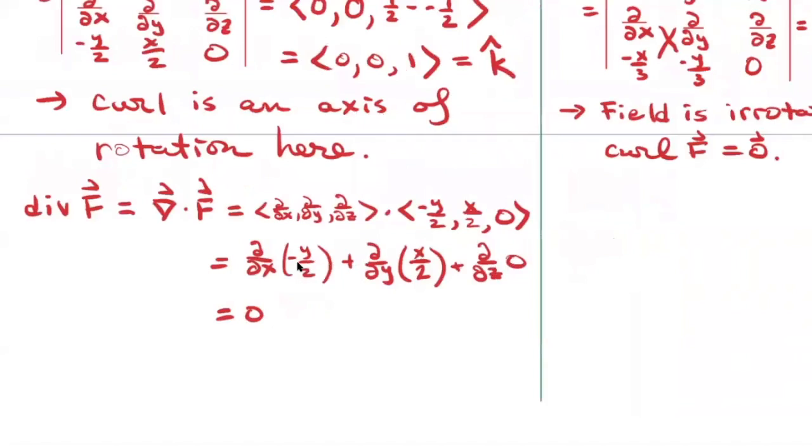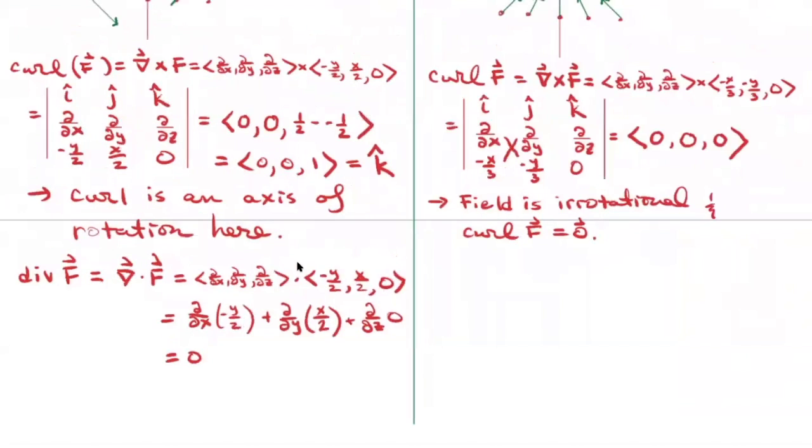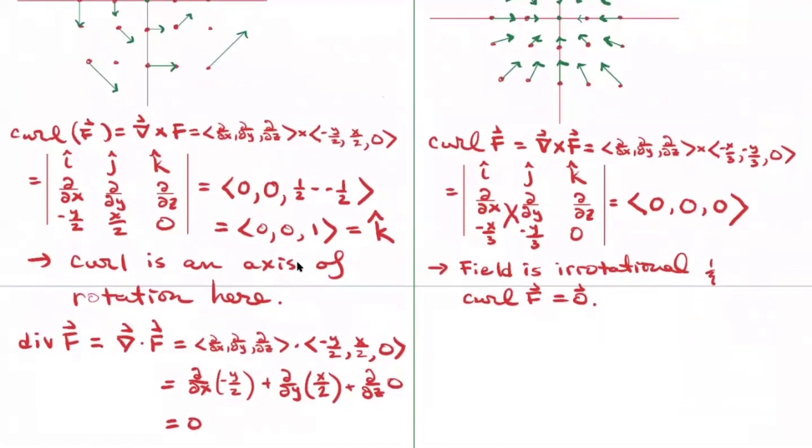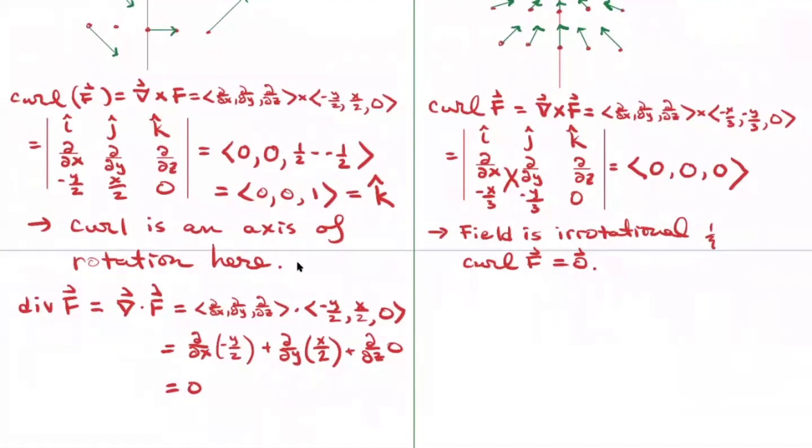Okay? So the divergence is 0. Now, I'll talk about what that means after we do the divergence of the other fields.